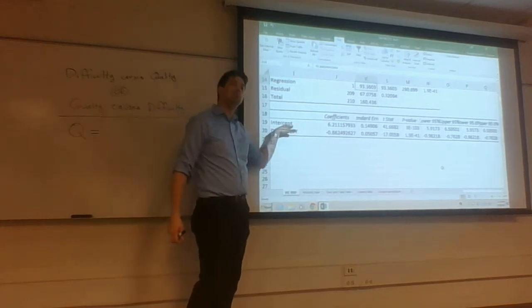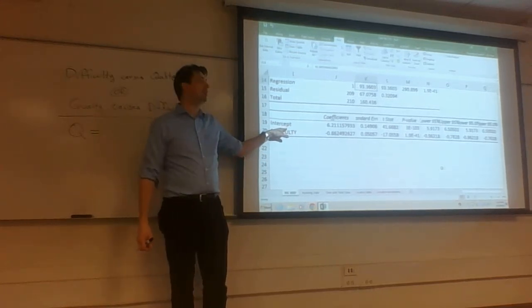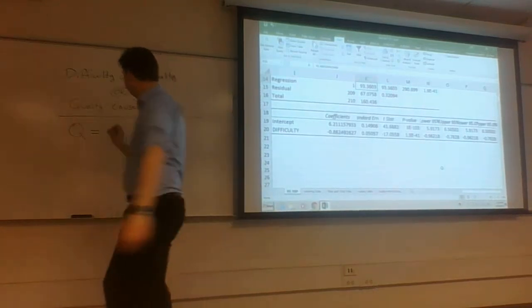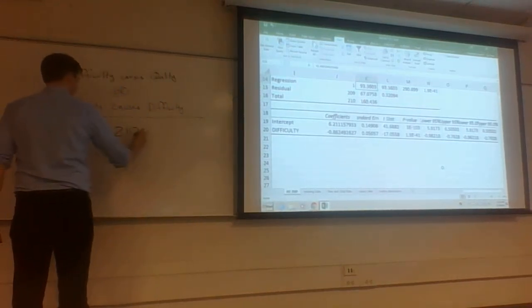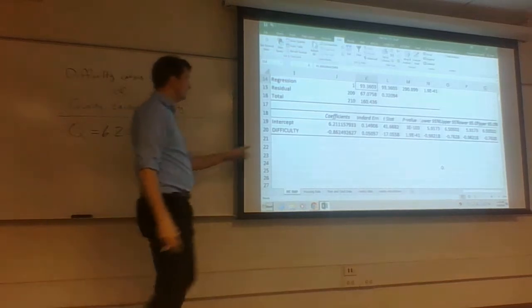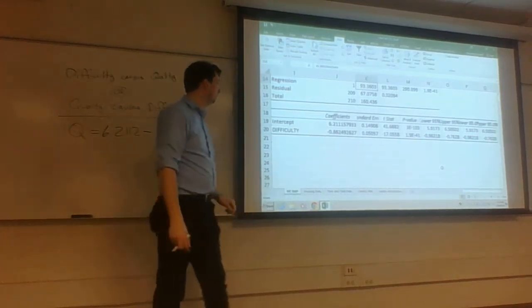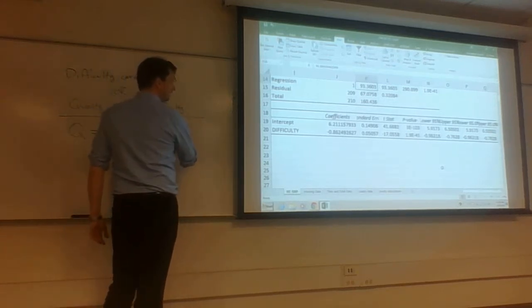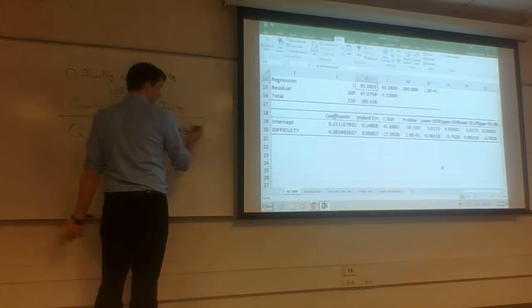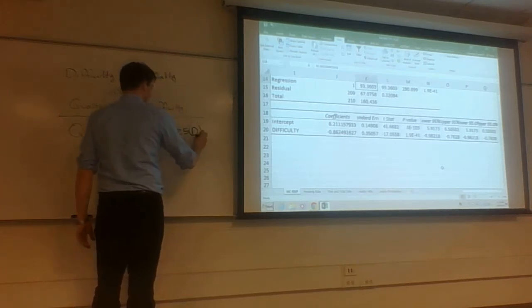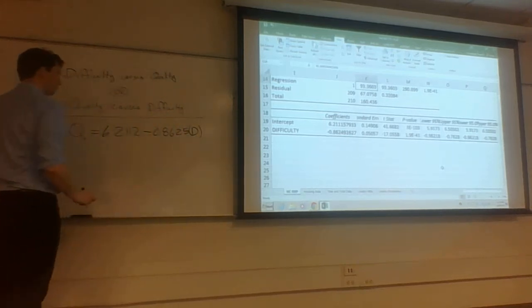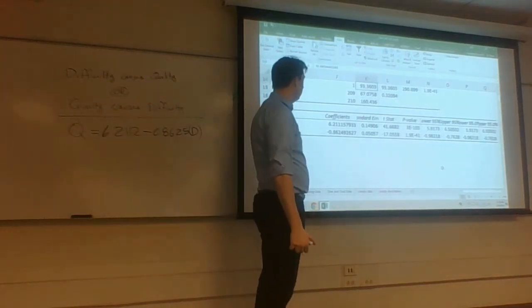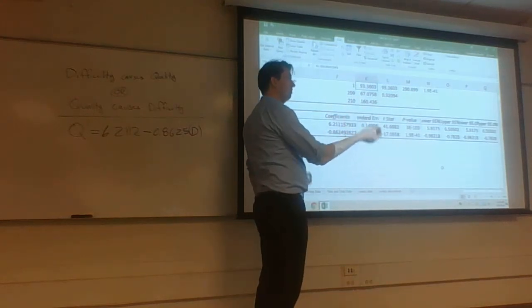What does this say right here? Intercept. So minus, because this is negative, 0.8625 roughly times D. So that's just the line.